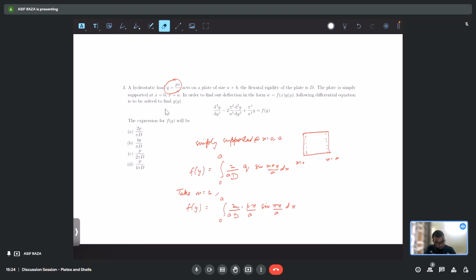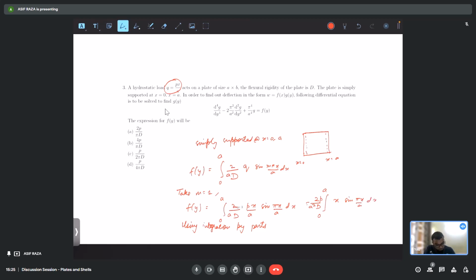Okay, so using integration by parts, we can simplify this first. So we can take 2a square d p out, and we have x sin(pi x upon a) dx.